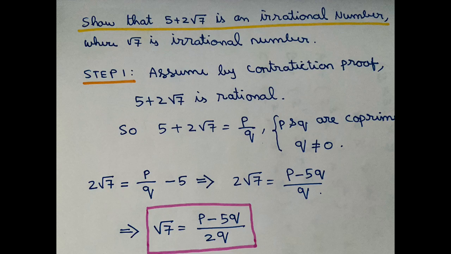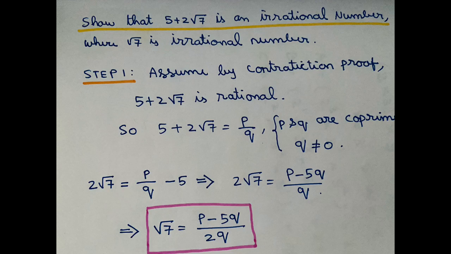On equating, 5 plus 2 times root 7 is equivalent to p upon q, we can bring the rational numbers and irrational numbers separately. So the left side has root 7 and the right side, p minus 5 times q divided by 2 times q, is said to be a rational number.